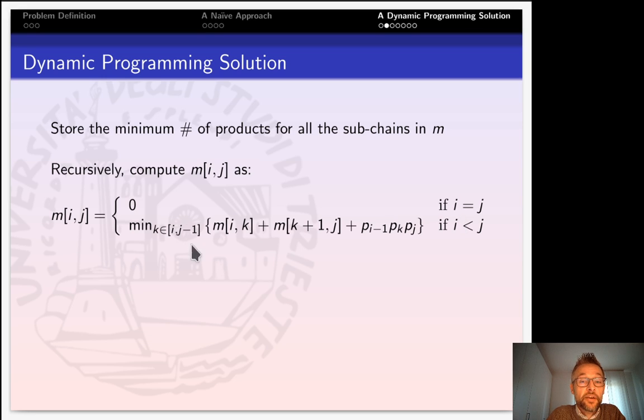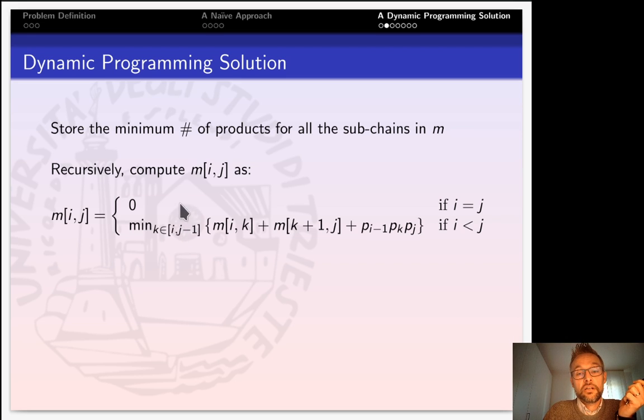Well, in that case, we have to decide where to place K, so how to parenthesize at the first level the chain AI to AJ. So where to place the first parenthesis? And this is what we are going to minimize.